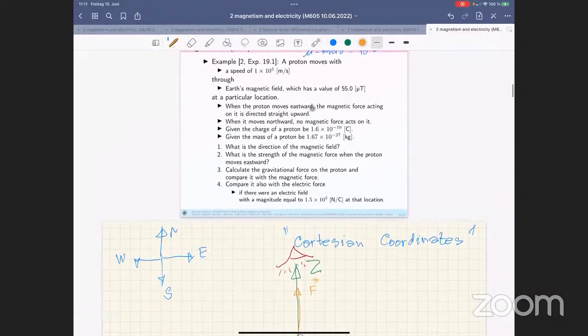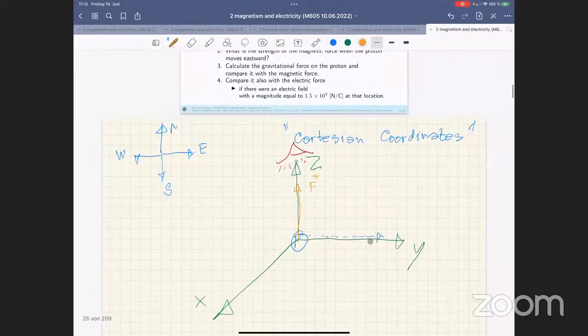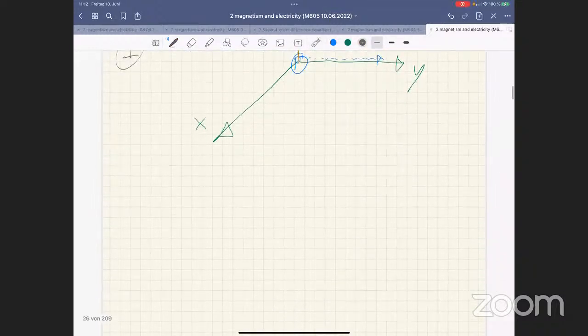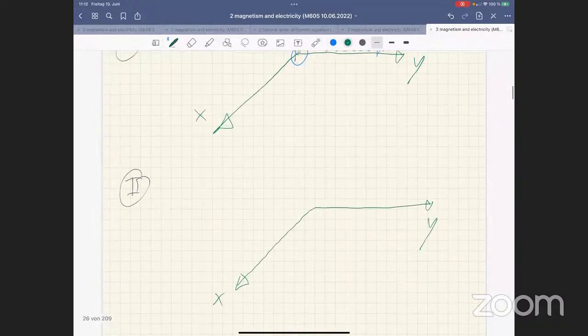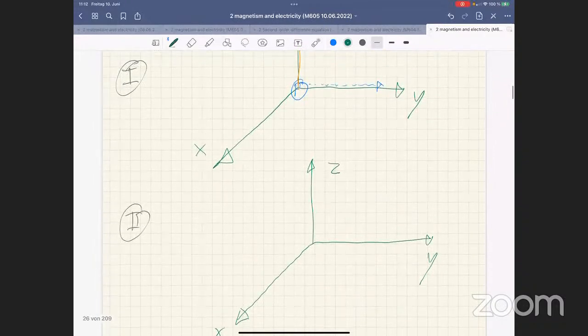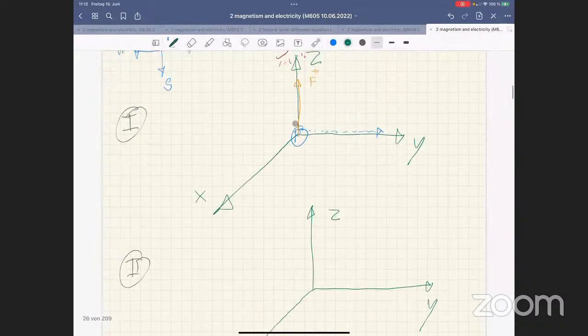The next step is that they say when it moves northward, oh my God, this is eastward, right? It means that this problem talks about two scenarios. This is the first scenario, and we have the second scenario right here. Here is again the x axis, the y axis, and the z axis. Now the proton is not moving to the right anymore.